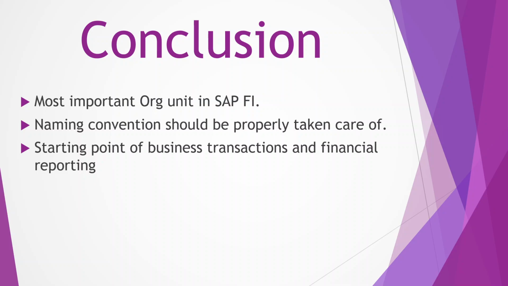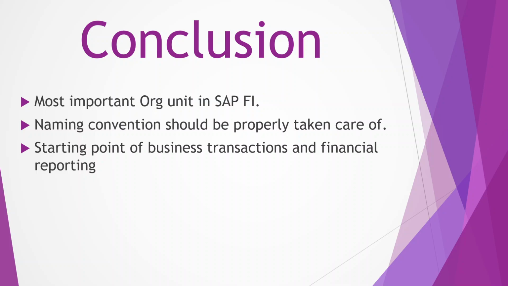Whatever is the naming convention decided at the business blueprint level at the time of discussion with the client, that naming convention should be followed throughout and for all the company codes set up in that particular implementation project and in the particular client. There should not be any deviation out of the naming convention, whatever is being decided well in advance. Whether it is one company code or it is 100 company code, it does not matter. The naming convention should be consistent across company codes within the same client.